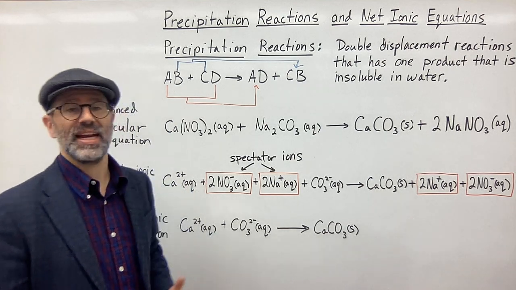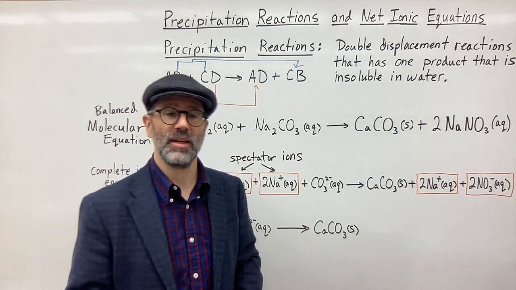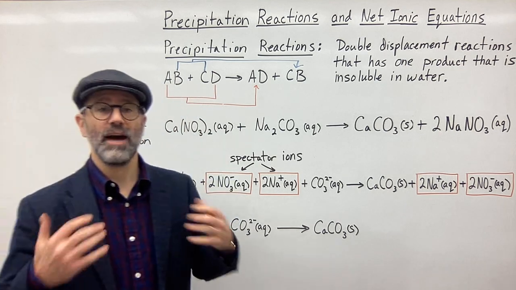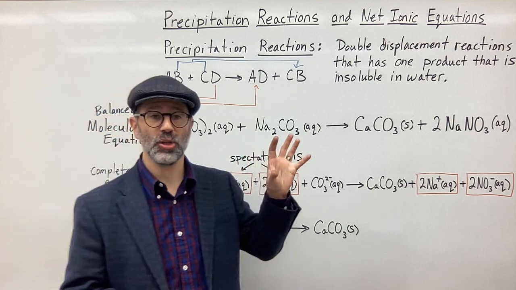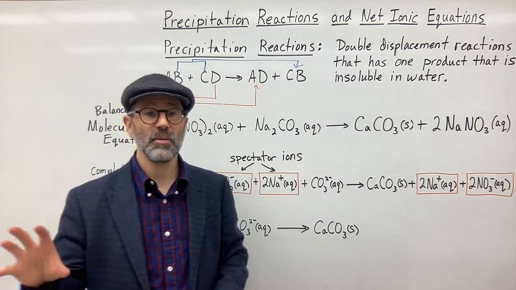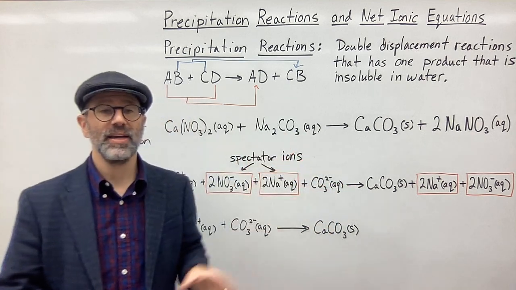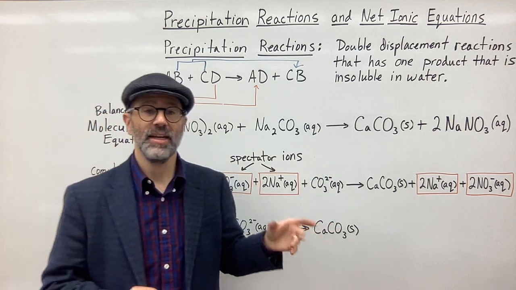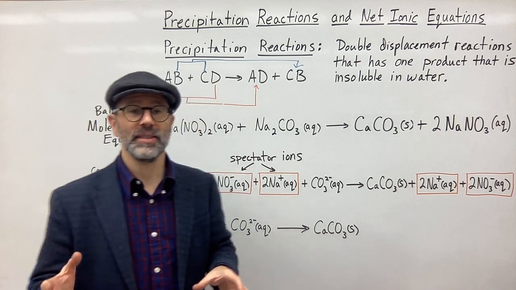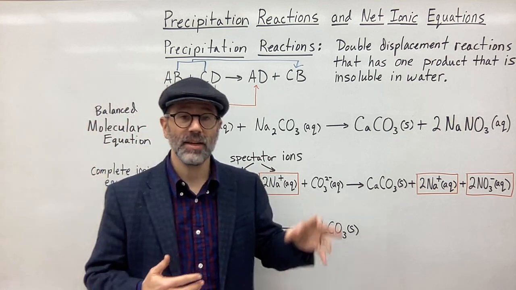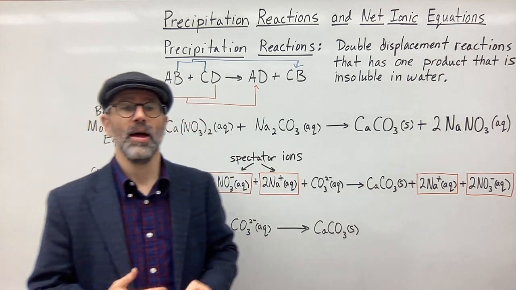So think about net ionic equation. What does net mean? For those of you who have a job and you have a paycheck, there's this difference between what is called the gross pay and your net pay. Your gross pay is before taxes. It's your overall amount that you would get paid if the government didn't take money or taxes out of your paycheck.